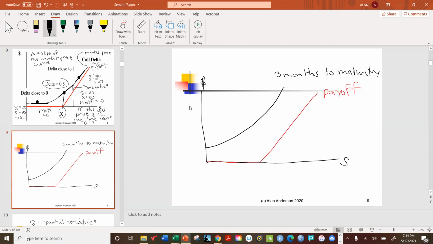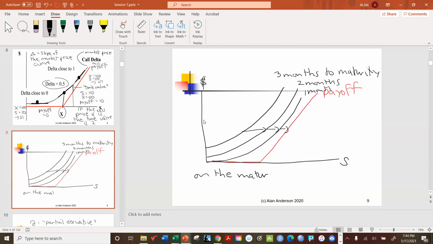What happens is as time elapses, the curve gets closer and closer to the payoff. In other words, as time elapses, we get closer and closer to this payoff diagram, the red line that is.